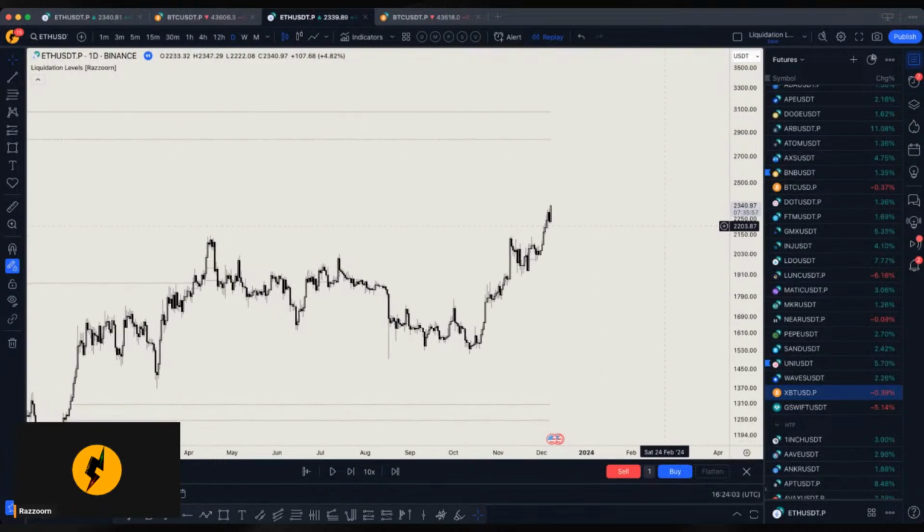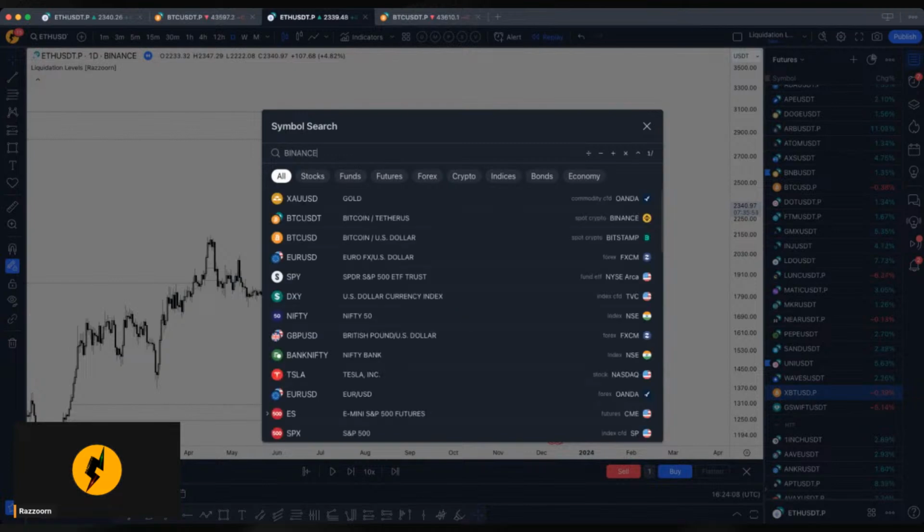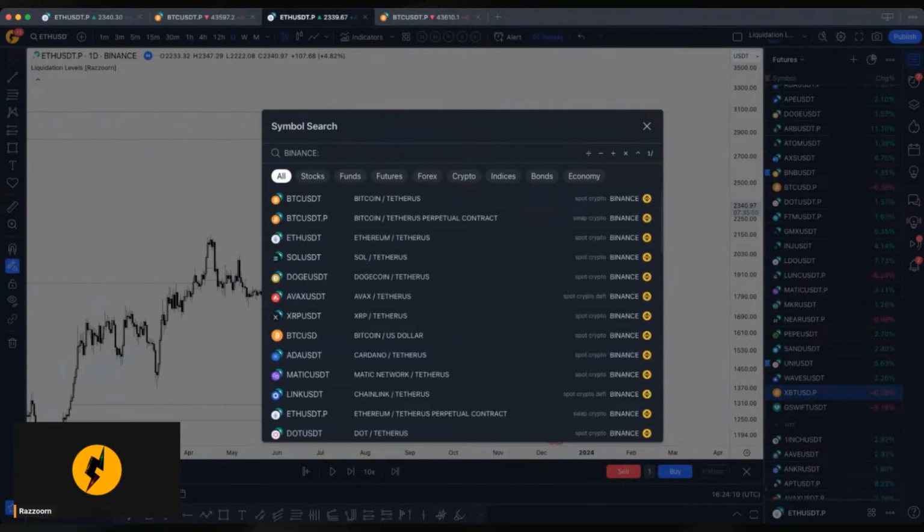Let's open up another altcoin chart. I don't know, let's use DOT, for example.